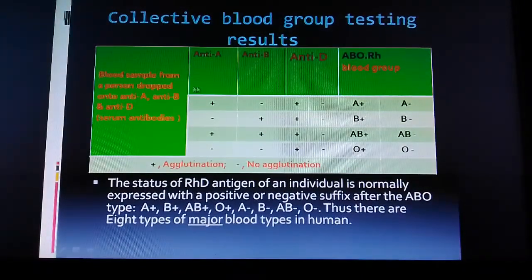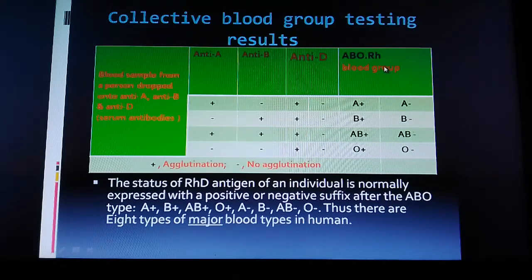So here, based on this agglutination and no agglutination, you can find this type of blood groups. If the A blood group is also positive for RH, then the symbol for RH is plus, written as a suffix to the blood group symbol, A plus.